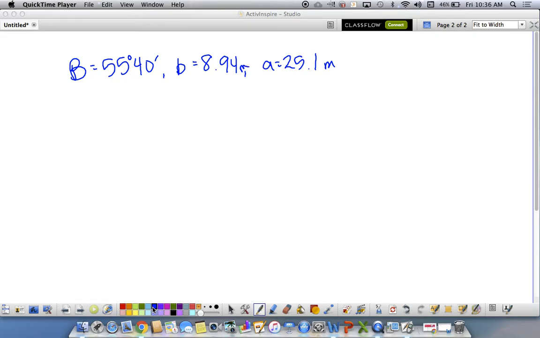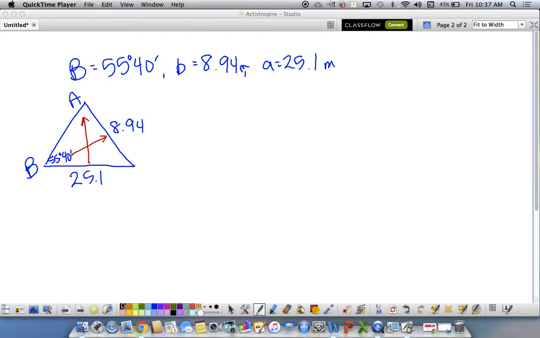So if we were drawing this, I always draw them the same: 55 degrees, 40 minutes, 8.94, and then A up here is 25.1 meters. So the question is, can we solve for A? Of course we can. We have an angle and a side opposite it. Can we solve for the angle A? So here we go, law of sines works.